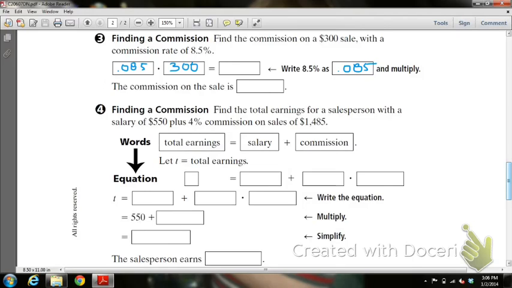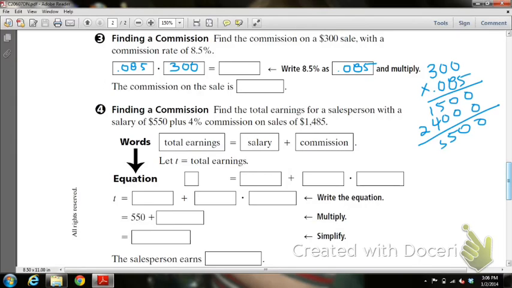So let's multiply that out. 300 times 0.085, and I need to come 1, 2, 3 spaces in.